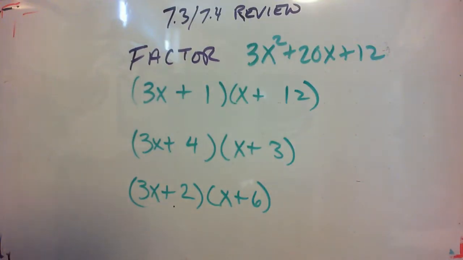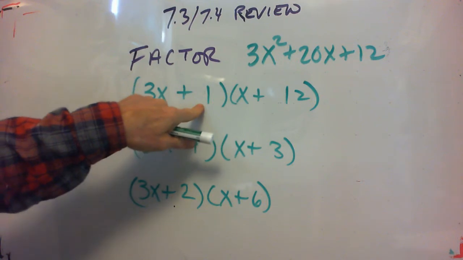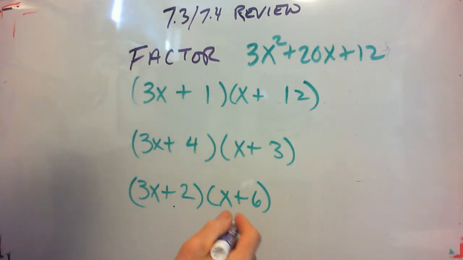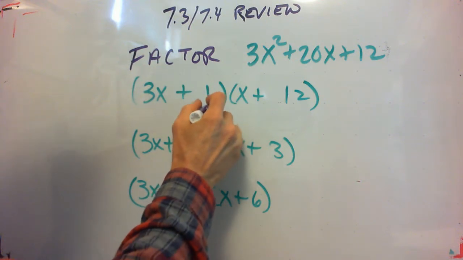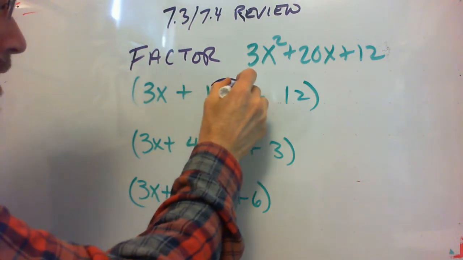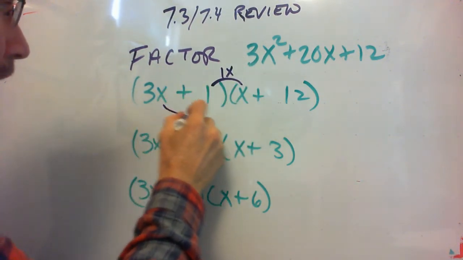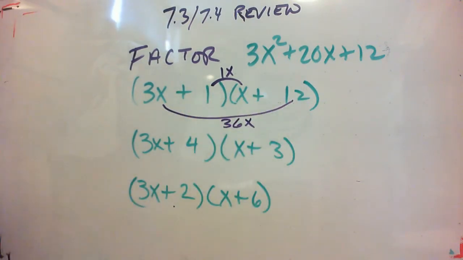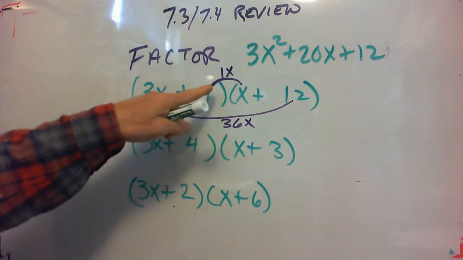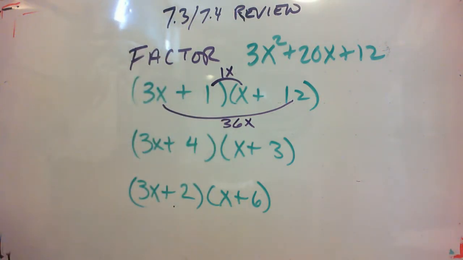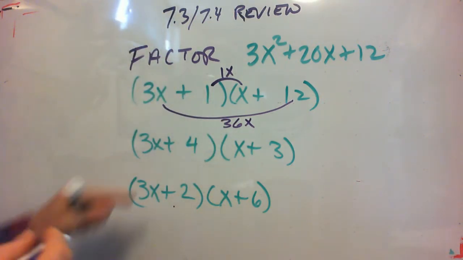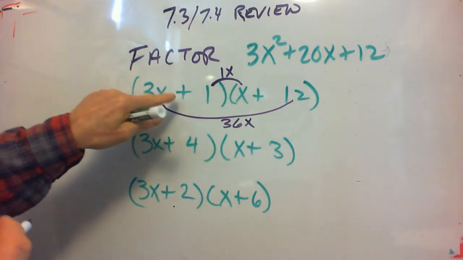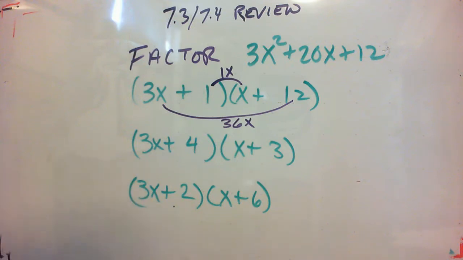Okay, on to the other possibilities here. 3x plus 1 times x plus 12. If we FOIL this out, we get 1 times x, 1x, and 3x times 12, 36x. That gives you 37 x's, way too many x's. Now you notice I didn't list 3x plus 12 times x plus 1 because 3x plus 12 would have a greatest common factor.